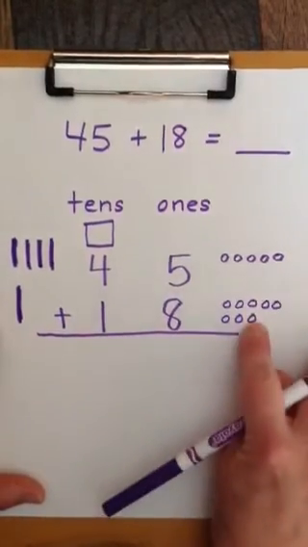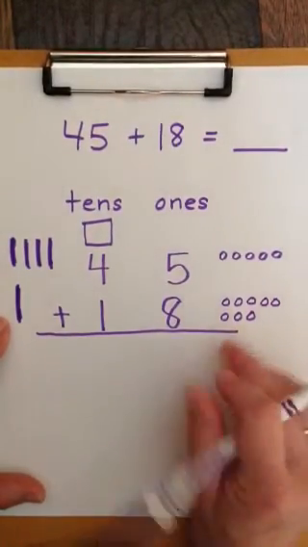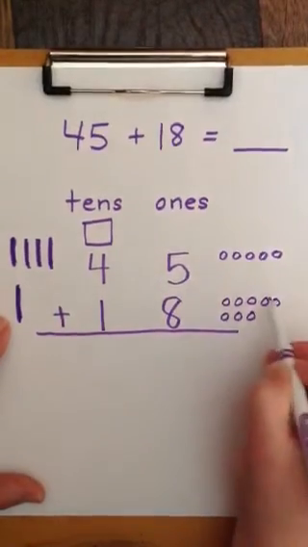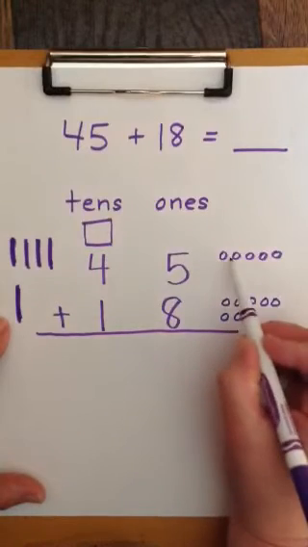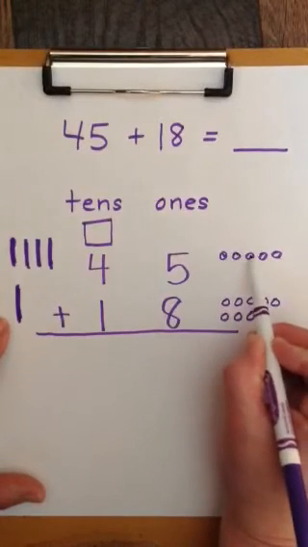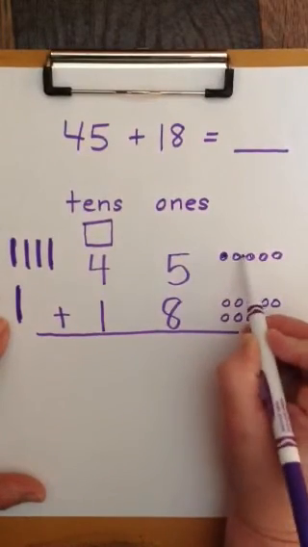So 8 and 5 is 13, and yeah, 13's bigger than 10. 13 has 2 digits. We couldn't fit it here, so we're going to make a group of 10. We know we've made a group of 10. 8, 9, 10, whoops, I went too far. 8, 9, 10.